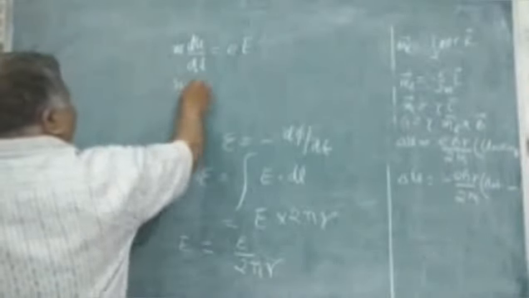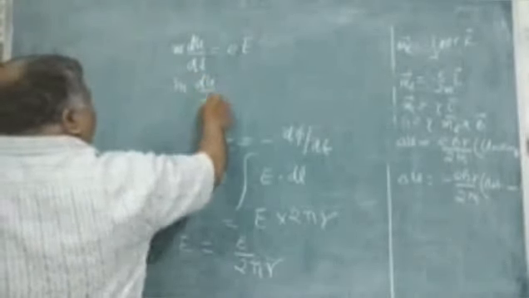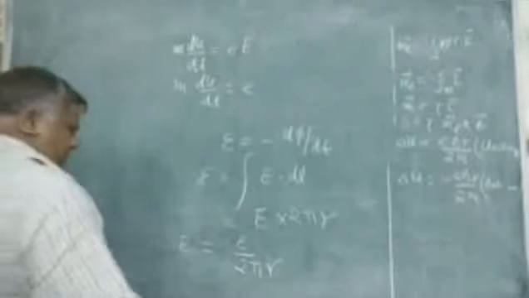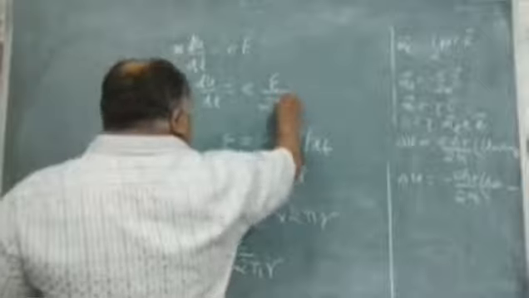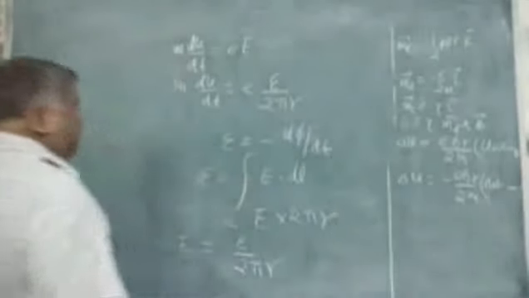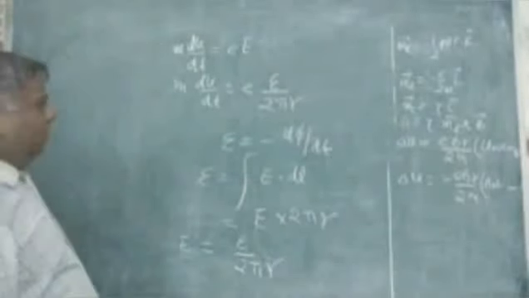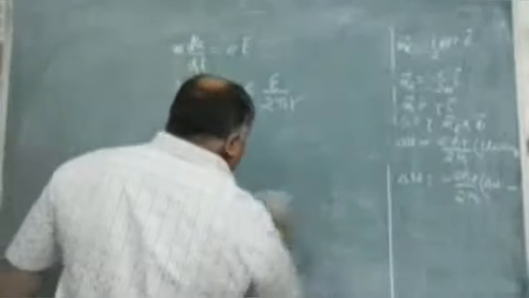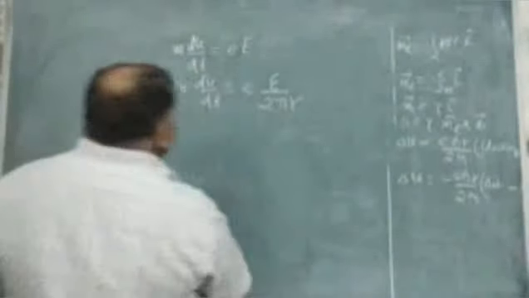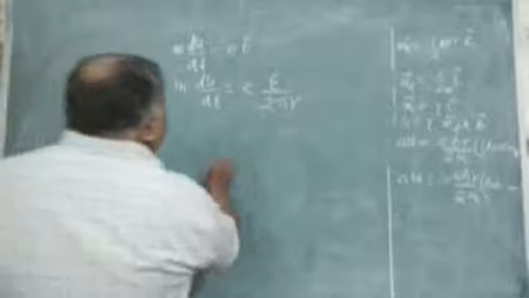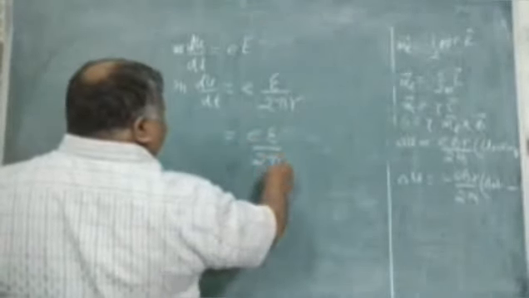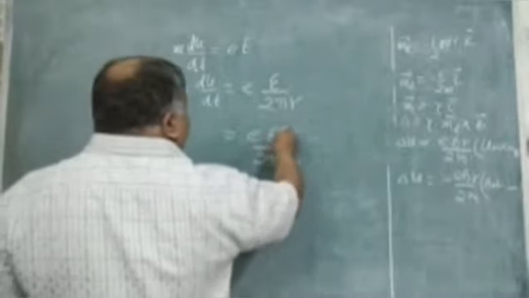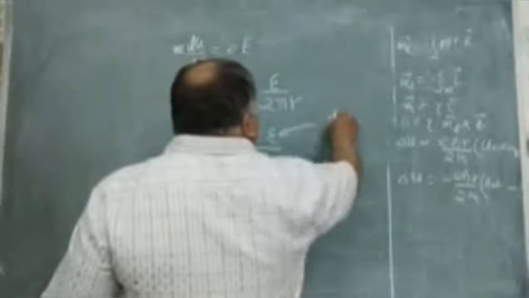So m dv over dt is equal to eE, and we have this relation. Let's change it to d phi over dt.